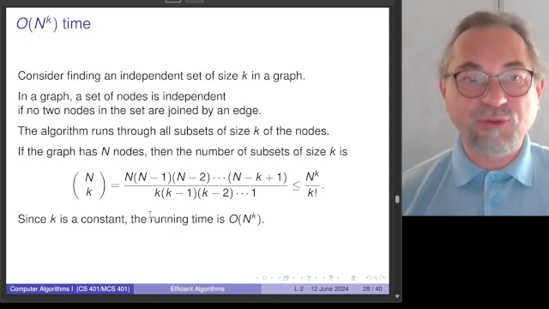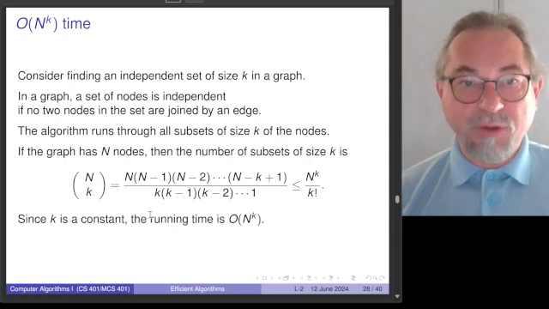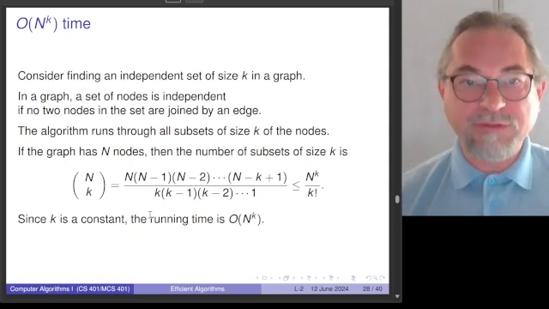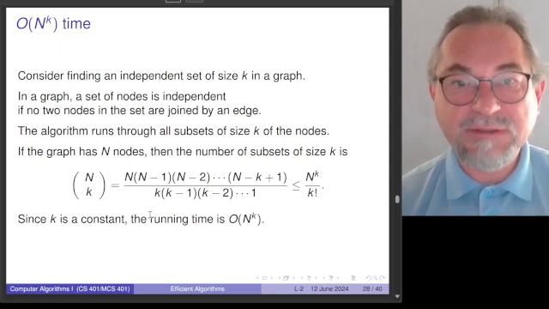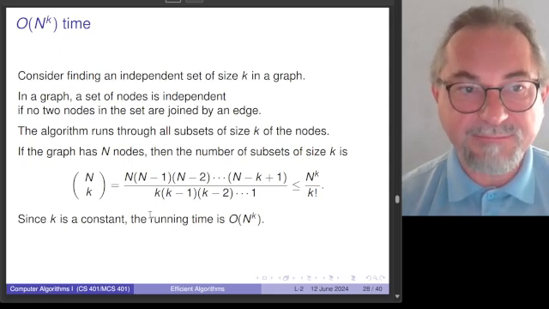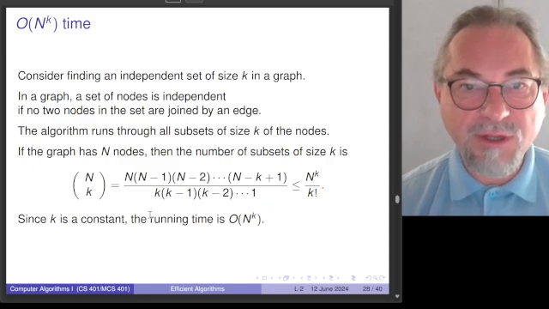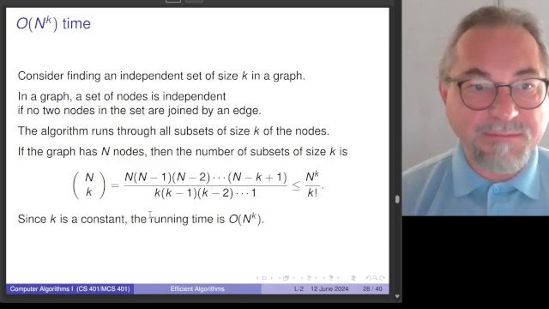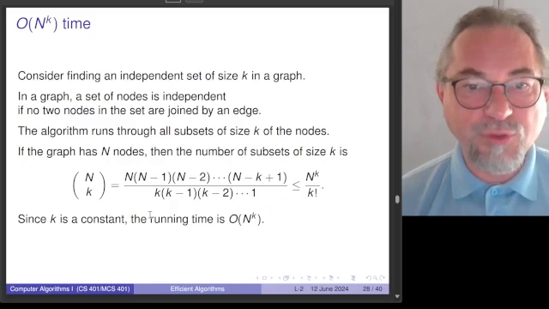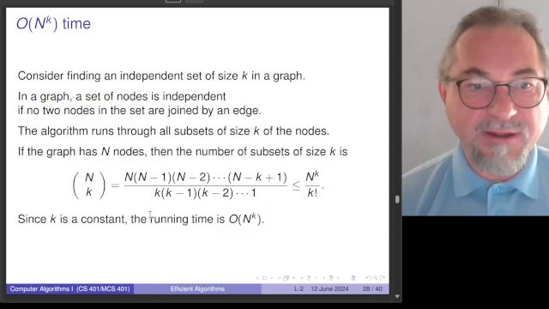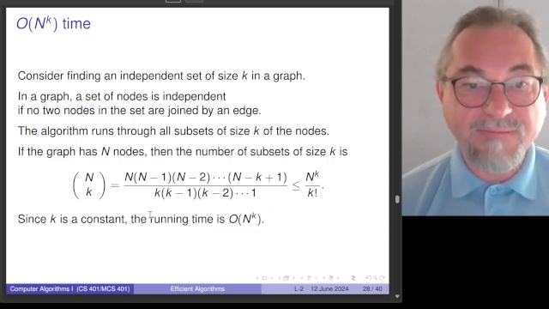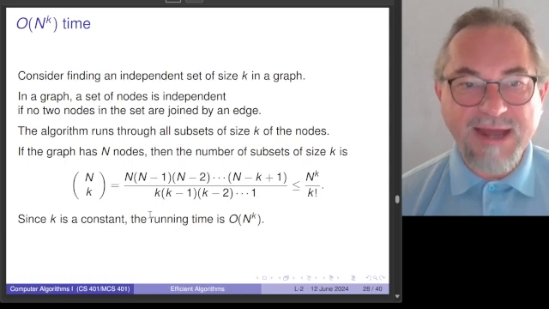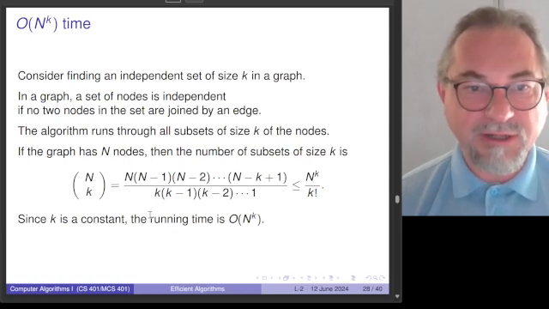So in order to solve this problem, you have to run through all subsets of size k. And this is done by this n choose k. So the n choose k evaluates as this quotient.